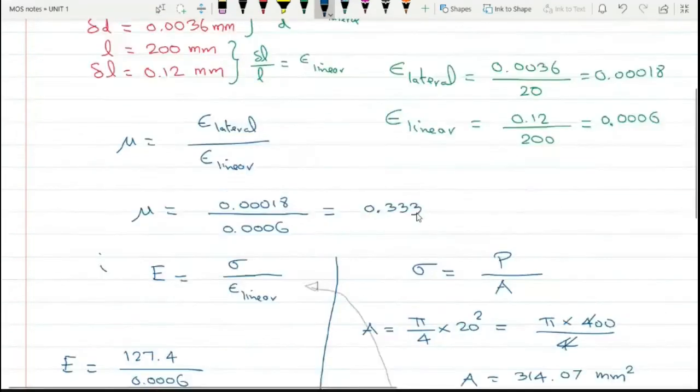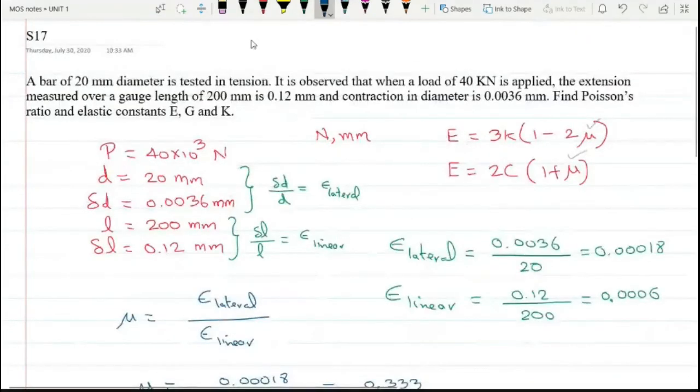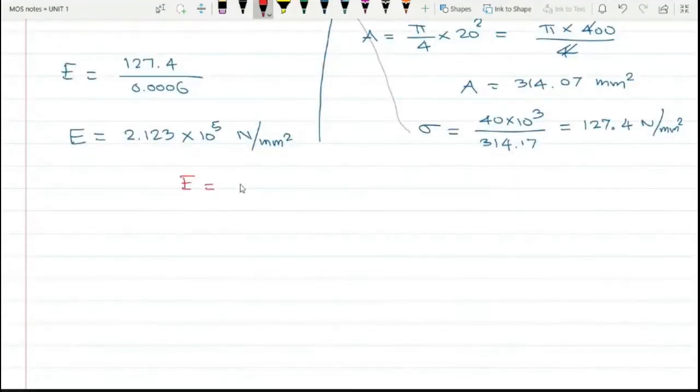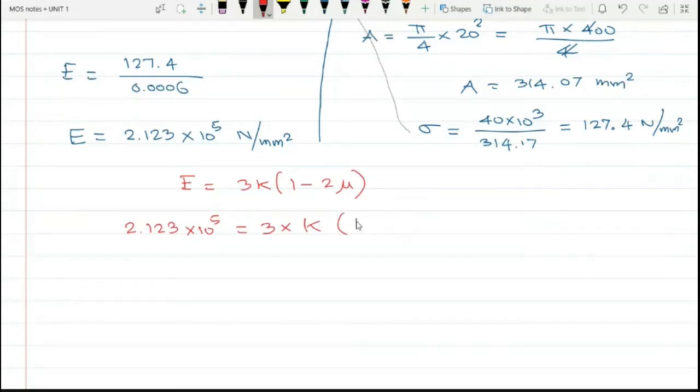So the only thing is I have to substitute it in this data. We proceed. We know that E is equal to 3k of 1 minus 2 mu. Let me substitute. E is 2.123 into 10 power 5 is equal to 3 into k, I don't know what is the value, into 1 minus 2 into 0.33.